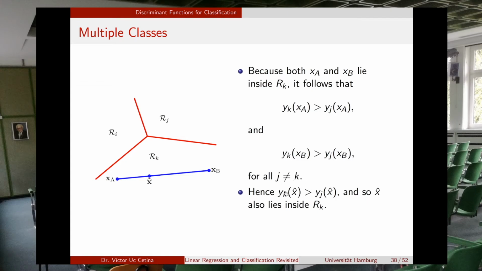Hence, this evaluation y of x circumflex is the largest one with the model K compared to any other j model for that same point. So this evaluation is also lying inside Rk. So this is the proof that if you define your multiple class classifier using these linear discriminant functions, you won't have ambiguity regions. So Rk is singly connected and convex.